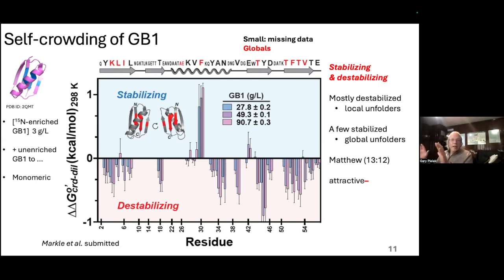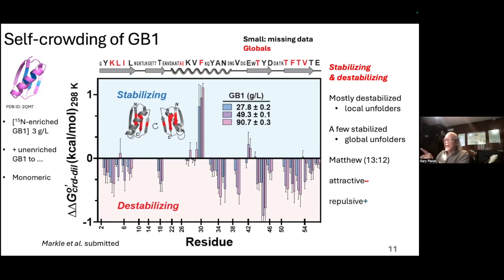So the short explanation for this is that simple theory ignores chemistry. There are attractive interactions between proteins. They don't aggregate, but there are attractive interactions. Those attractive interactions will tend to unfold the protein. This is why urea destabilizes proteins, because it has an attractive interaction with the protein surface.